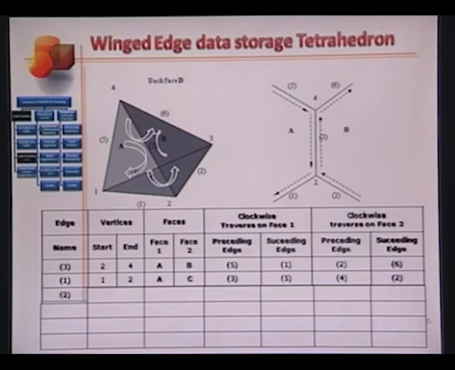Now for edge 2, the vertices are 2 and 3. Two faces incident on edge 2 are B and C respectively. On face B, if you again note the clockwise orientation, the preceding edge is 6 and the succeeding edge is 3. On face C, the bottom face, the preceding edge is 1 and the succeeding edge is 4.